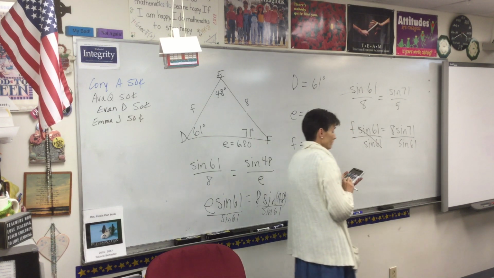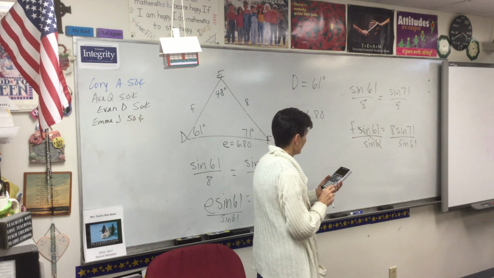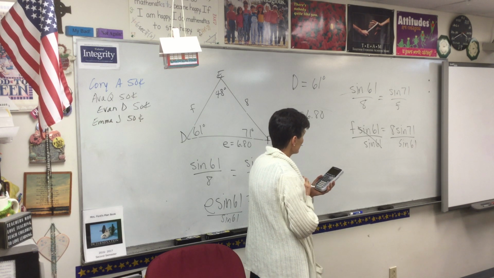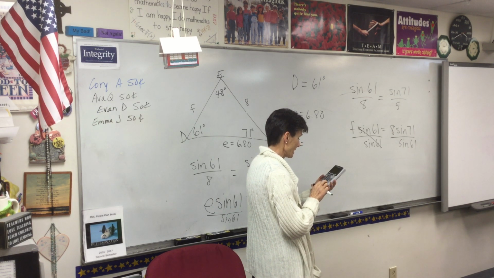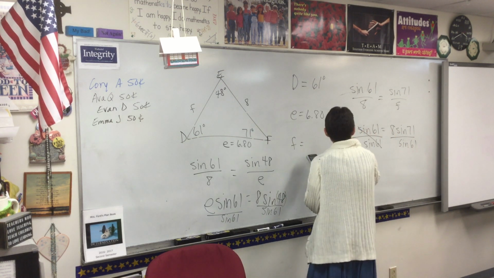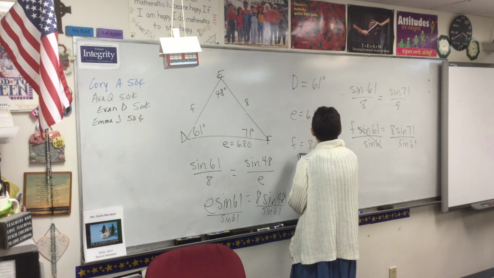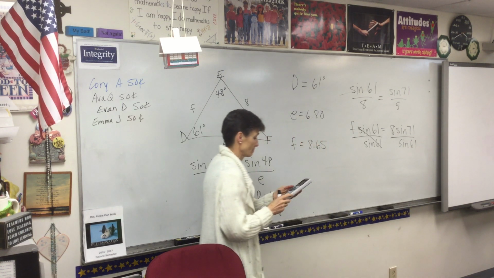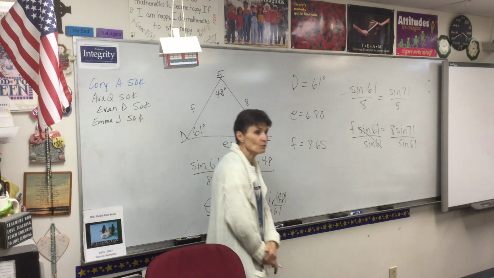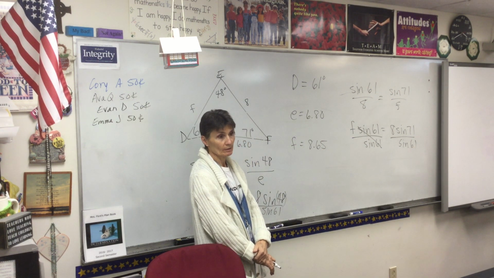And that'll give us f. So we can go to our calculator. 8 sine 71 close parentheses divided by sine 61. Did you get 8.65? And you have solved the triangle.